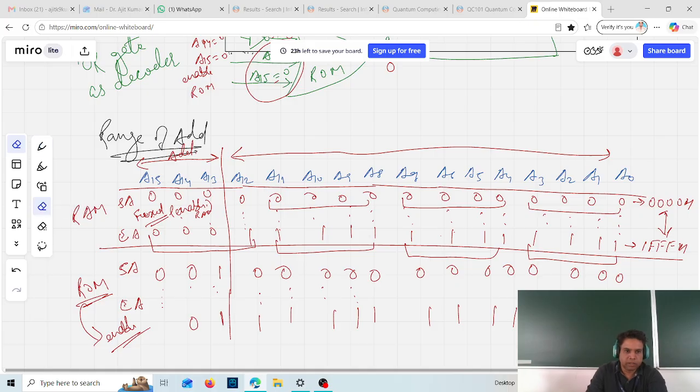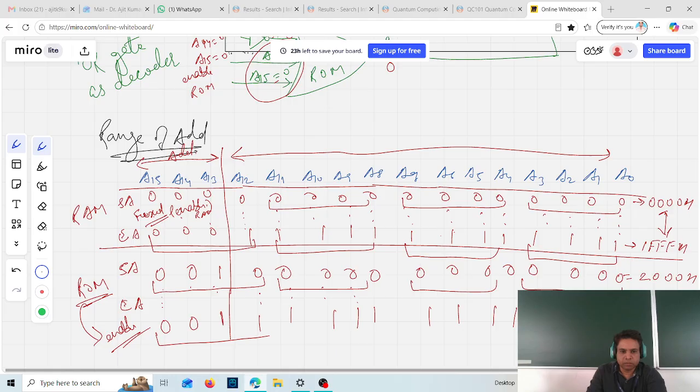Now in hexadecimal, this is 0010, that is 2, then 0, 0, 0. So this is 2000 H as the starting address, and the end address is 0011, that is 3.